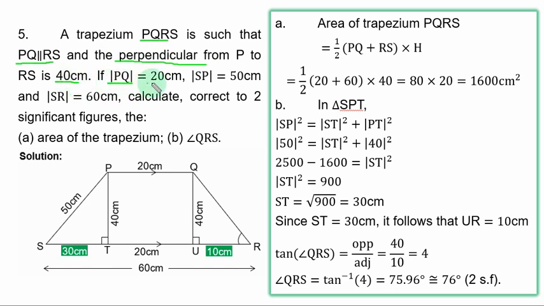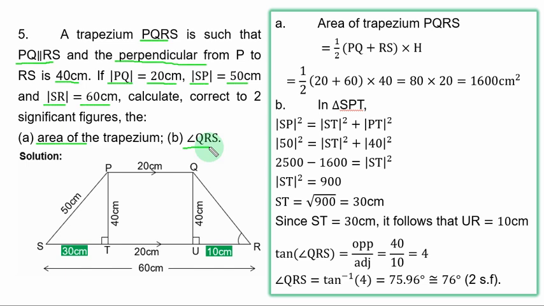If PQ is 20 cm, SP 50 cm, and SR 60 cm. Calculate, correct to 2 significant figures: A, the area of the trapezium. B, angle QRS.